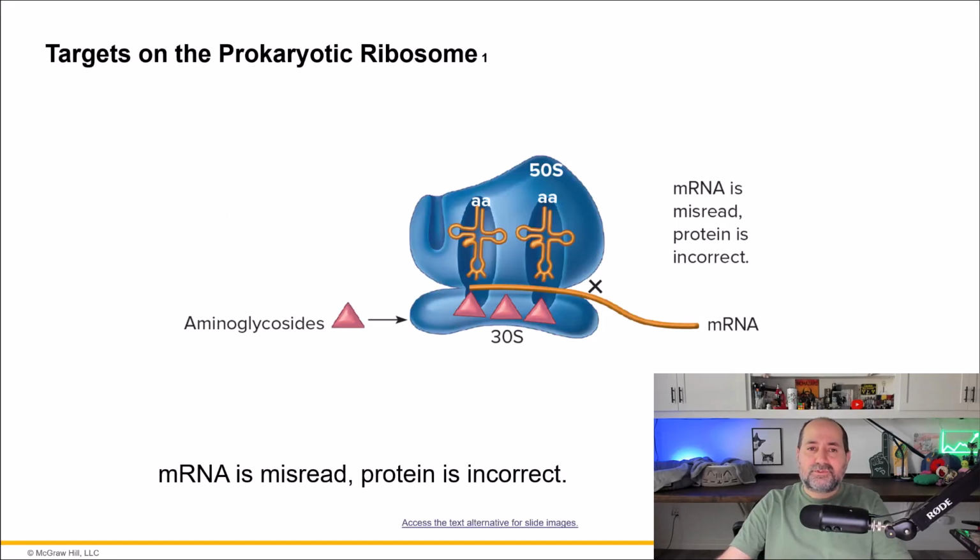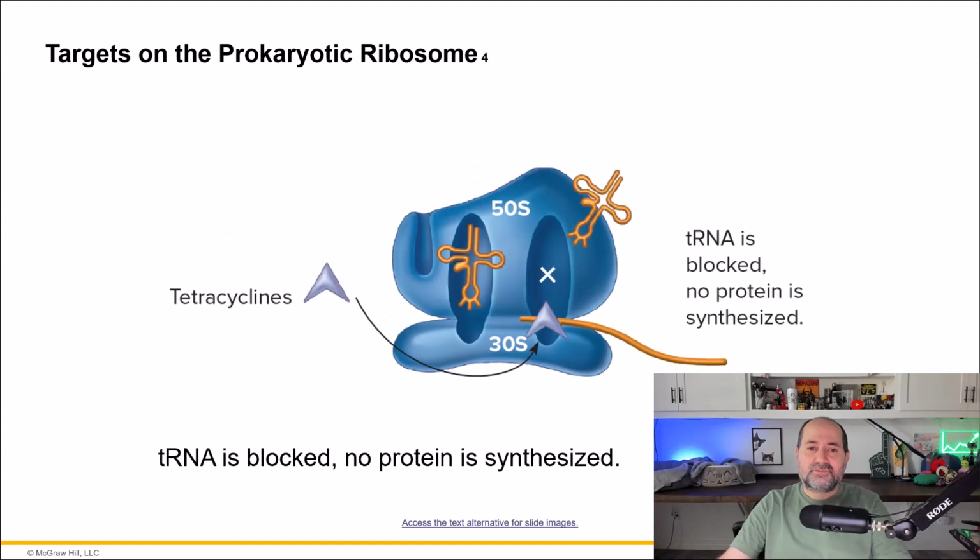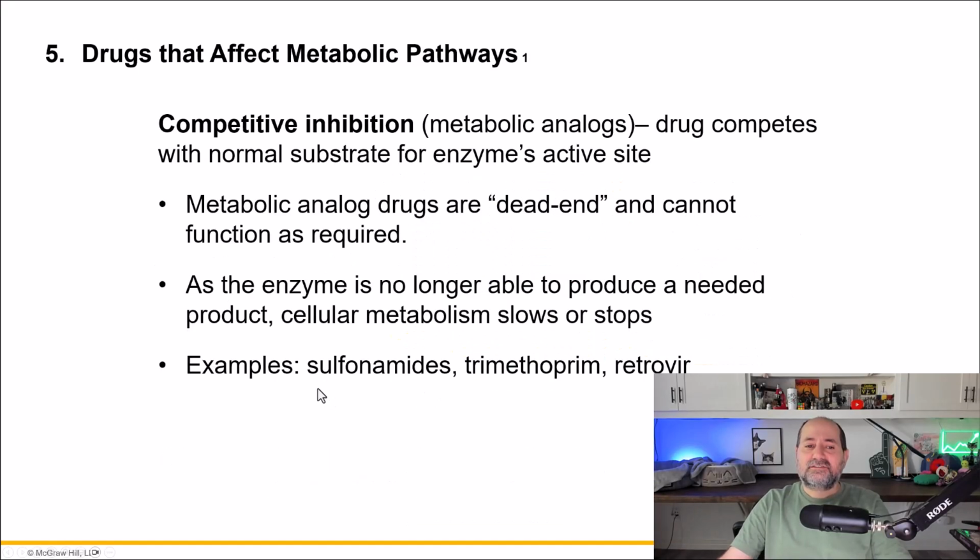And do you remember those drugs that block protein synthesis usually bind to and inhibit the ribosome? And then you should know that the sulfonamides, remember the sulfa drugs, they are the ones that affect metabolic pathways, right? In fact, what they do specifically is block the metabolic pathway for production of folic acid.